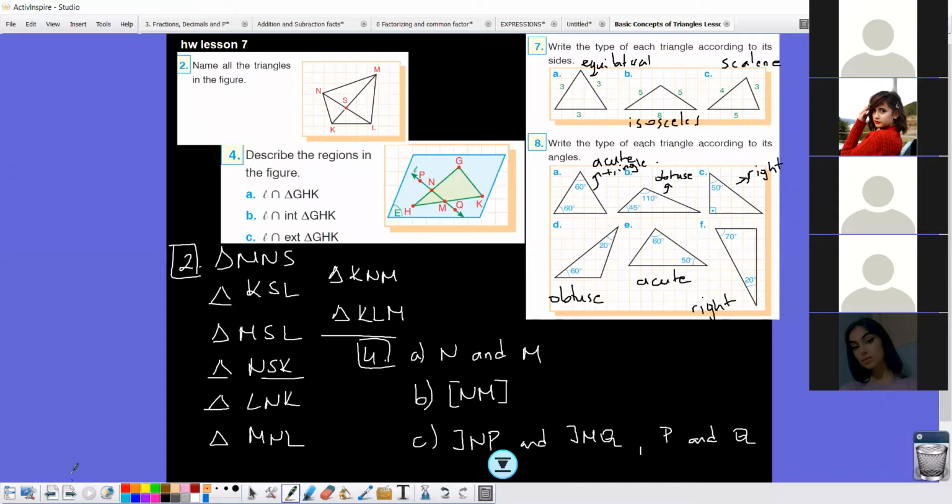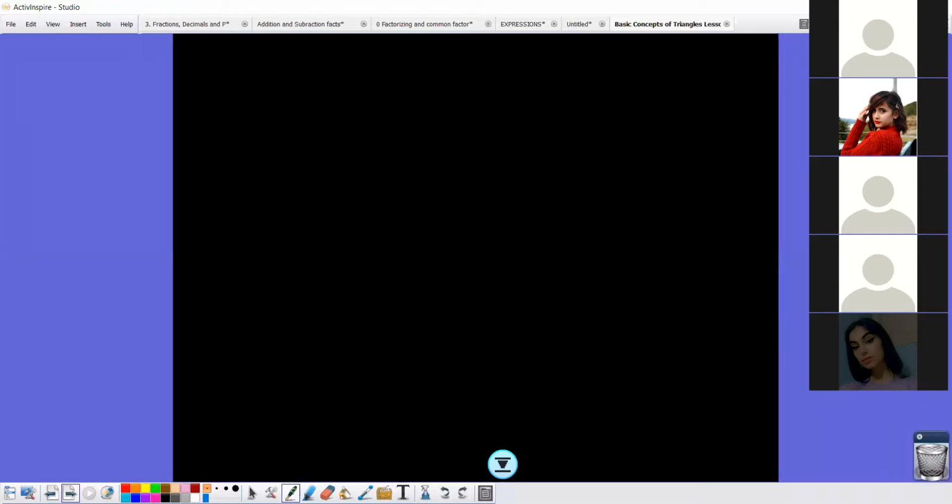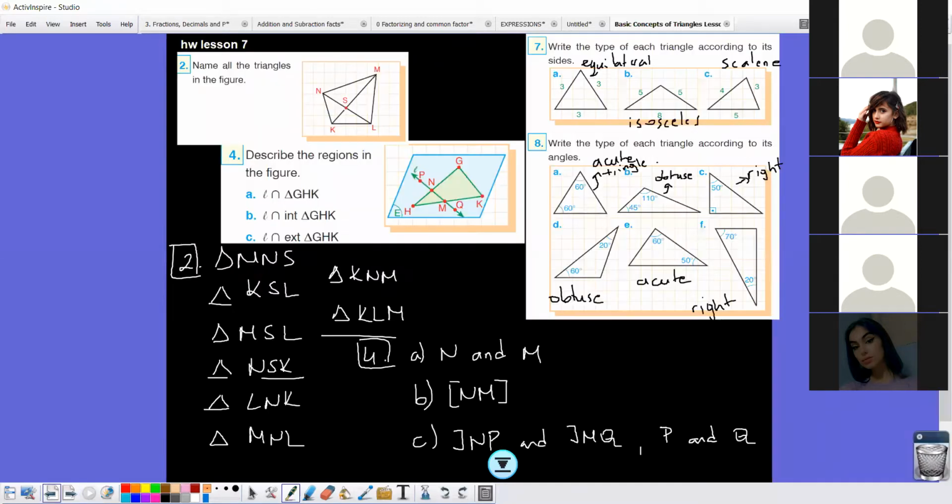Or if the question says isosceles triangle, but you are finding all the sides different, it means there is a mistake. Oops, we finished here. So these are the first, let's say, the names, the terms we use for the triangle.